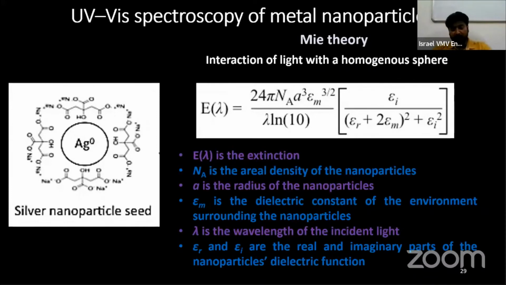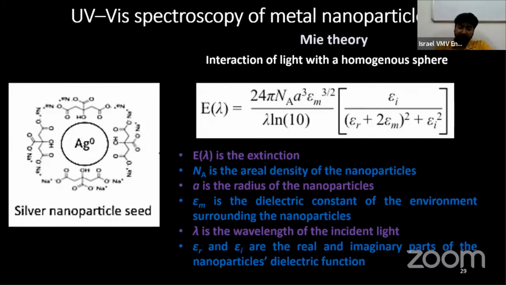When you talk about the absorption in organic molecules, you talk only about the concentration of the solution. The things are not that easy when you talk about nanomaterials in solution. You have to talk about the Mie theory. That is what is new in the discussion of UV-visible spectrum of nanomaterials. E lambda is the extinction, and you have to talk about the areal density of the nanoparticles and the radius of the nanoparticles. Remember, it depends on the size of the nanoparticles.